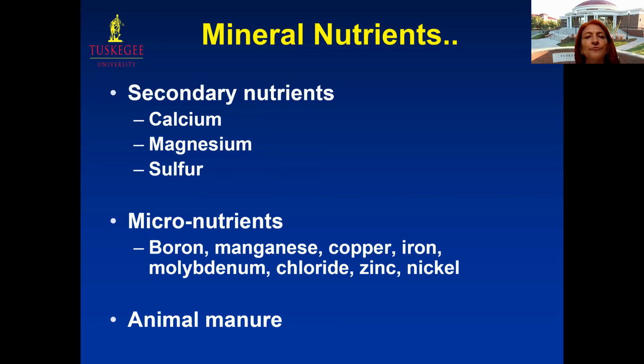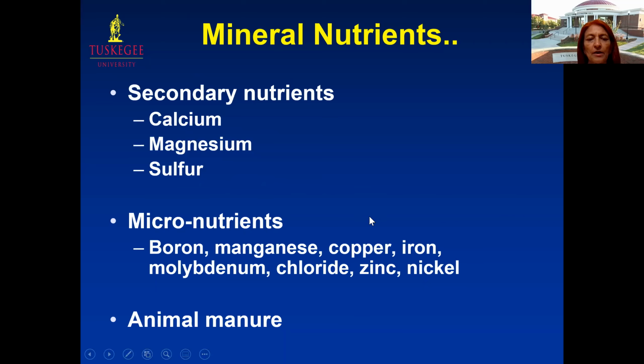Secondary nutrients are those whose requirements are less than those for the macronutrients we talked about in the earlier slide. Calcium, magnesium, and sulfur are classified as secondary nutrients for forages.